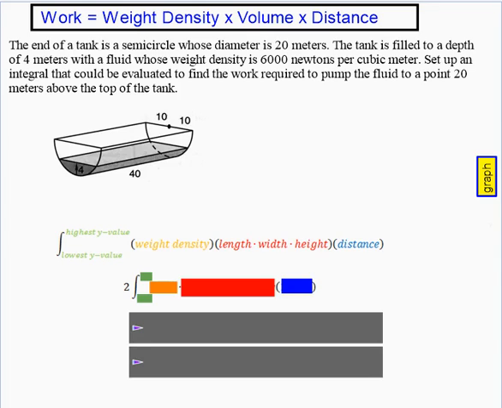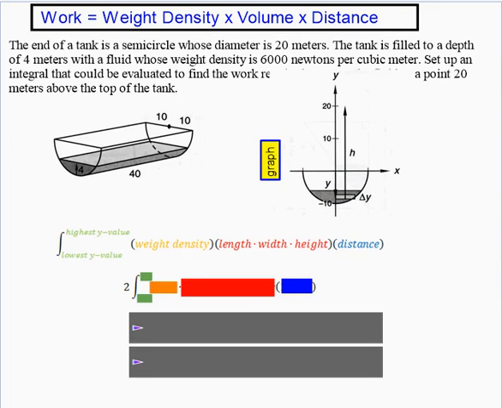This is circular, so we're going to want to graph, and we'll put our center of the circle at the origin. And we want to pump something up over 20 meters above the top of the tank. So here's our circle.